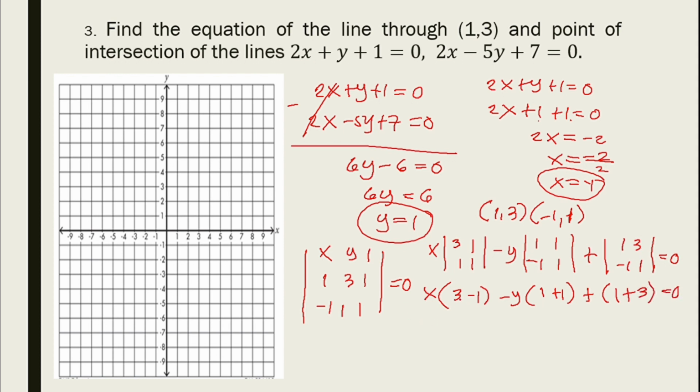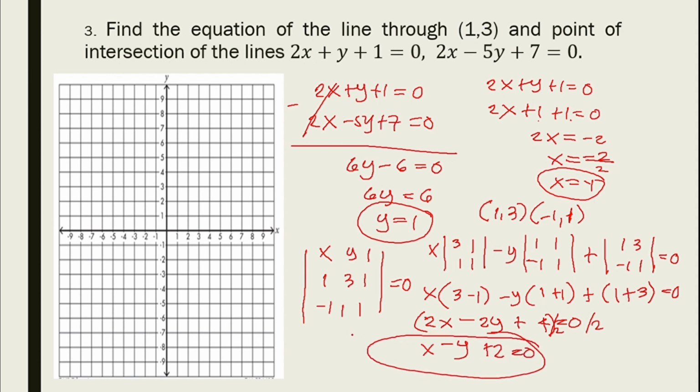So 3 minus 1 is equal to 2x. This one is minus 2y, and this is 1 plus 3 is plus 4 equals 0. We can divide all terms by 2. So we have x minus y plus 2 is equal to 0.